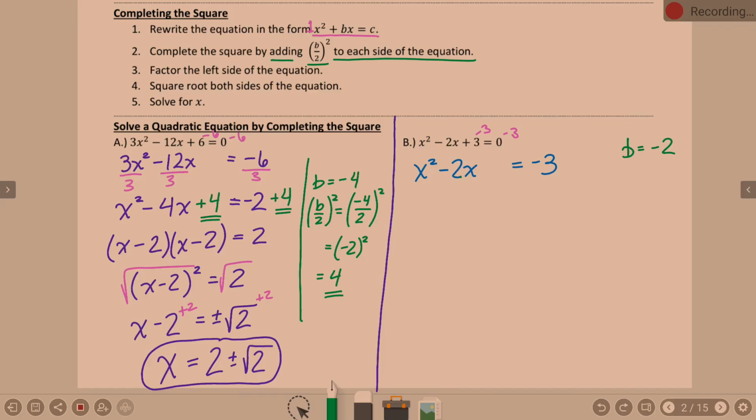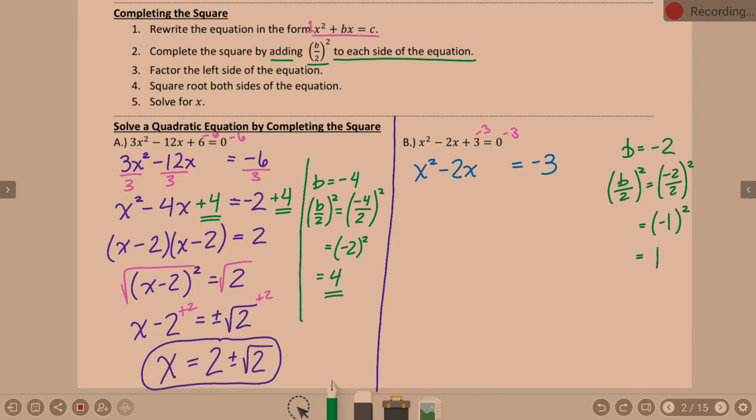And put it into that little formula of b over 2 quantity squared. So negative 2 divided by 2 quantity squared. That's a lot of 2's. Negative 2 divided by 2 is negative 1. Negative 1, when you square it, is 1.